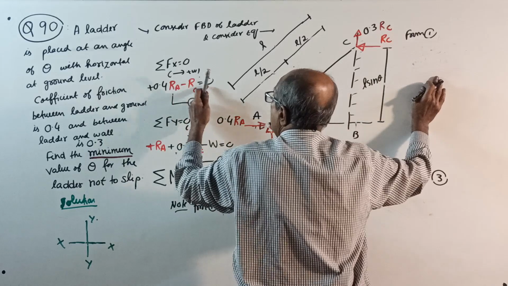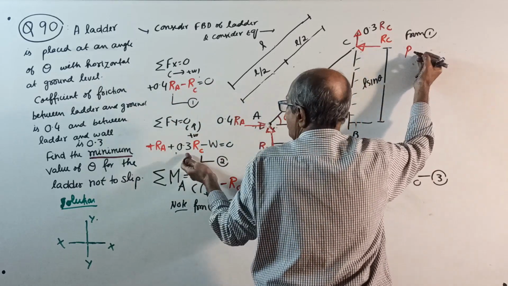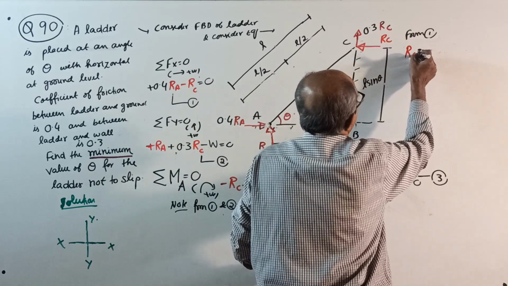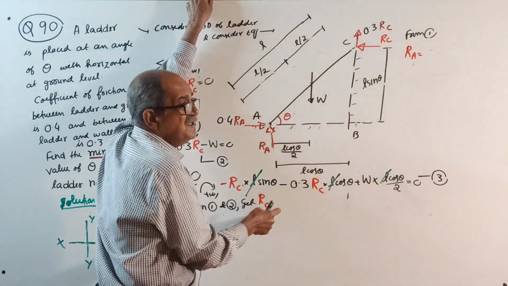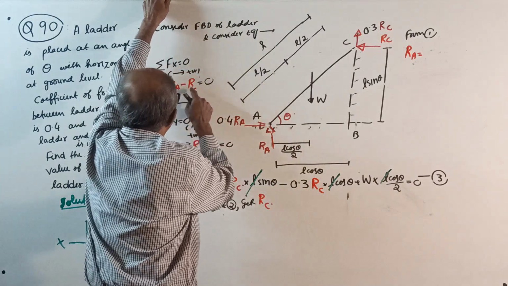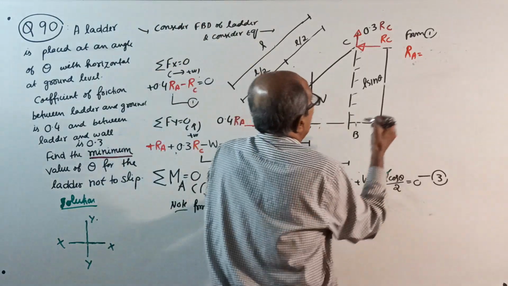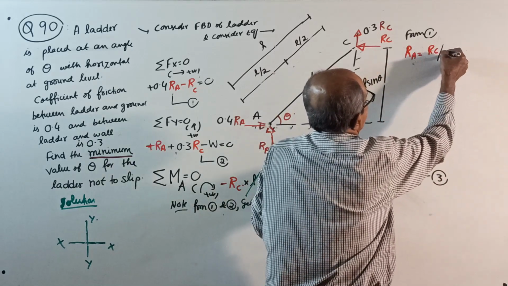Okay, I saw the wrong equation here. Why RA? Because the unknown in the moment equation is RC. I want the RC value now. So, from equation 1, RA equal to RC by 0.4.